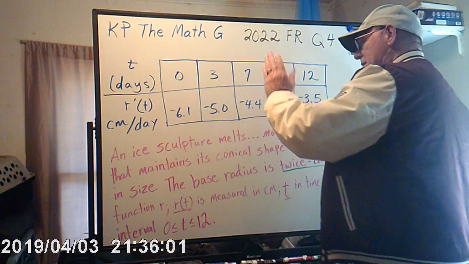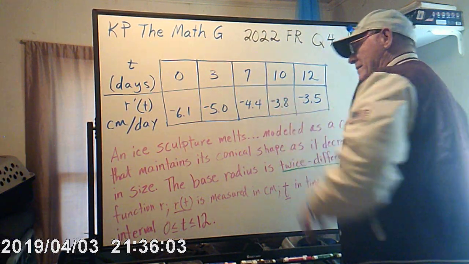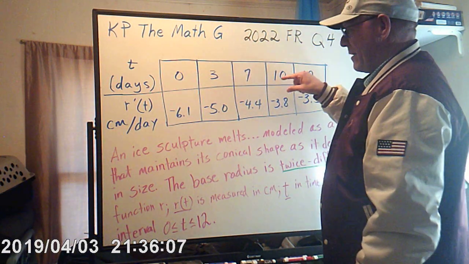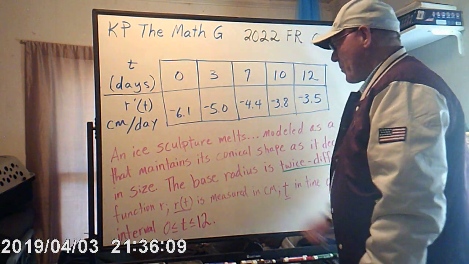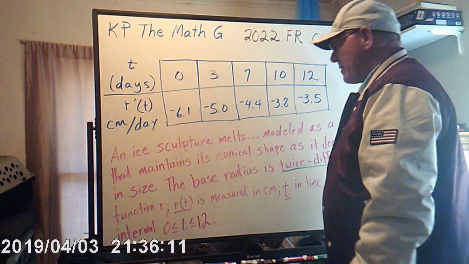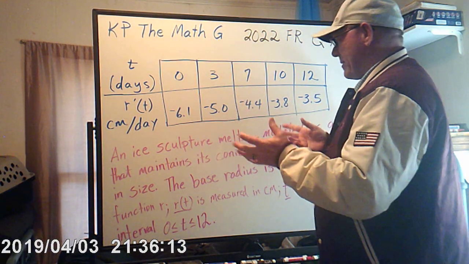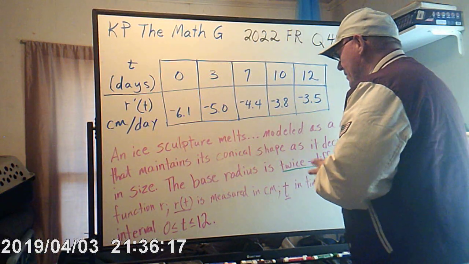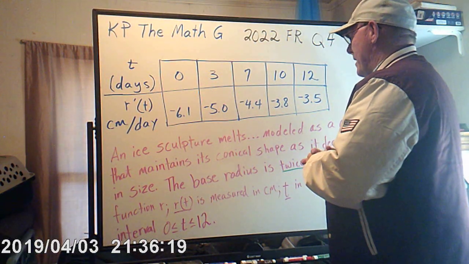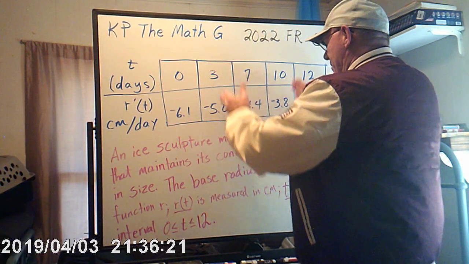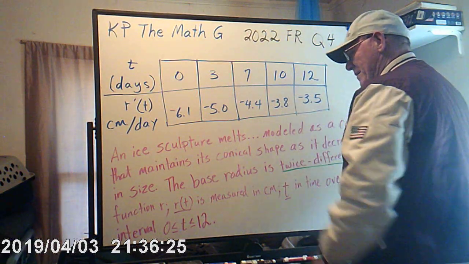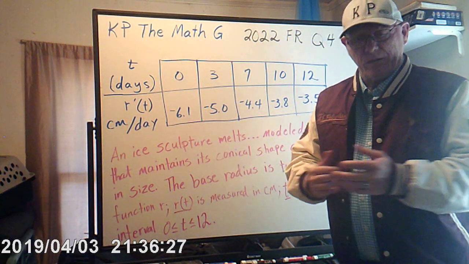You got to go left, right, left, right. And time is on your denominator. R prime is going to be in your numerator, so you can get R double prime. That's what you're really wanting to get. Had it been something from 3 to 10, you would have used this. 10 to 12, you would have had to use this. So rate of change is what it is.